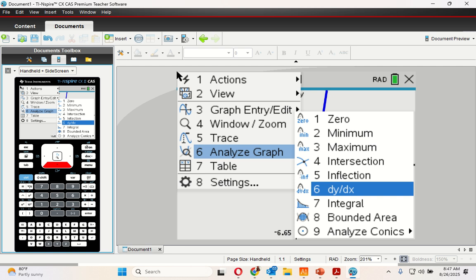In math, delta y over delta x is what? Slope, right? Delta y over delta x is slope. But writing it out, a lowercase d is also delta. So that's dy over dx. If I want to find the slope, I would use this, so option 6.